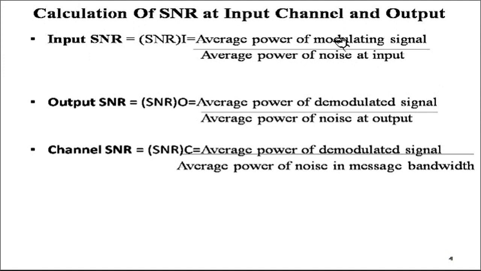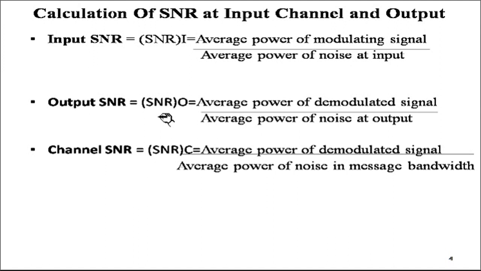Here we call it a modulating signal because we are seeing the SNR at the input side, where we always have a modulating signal, that is a message signal or the information signal.